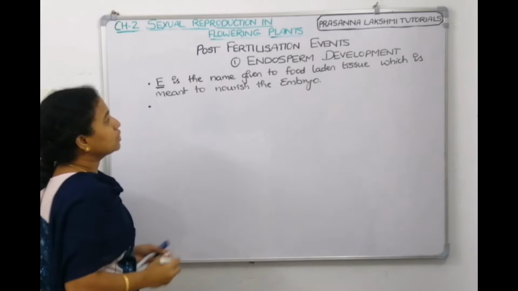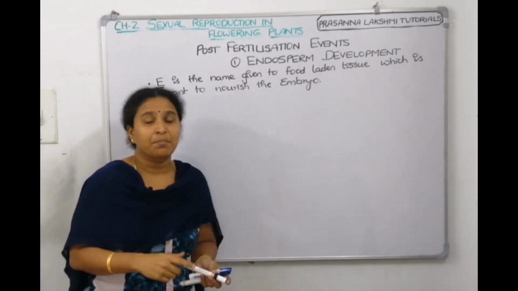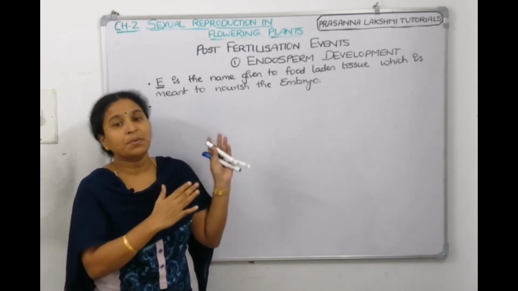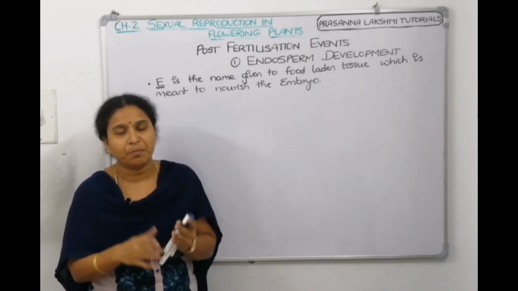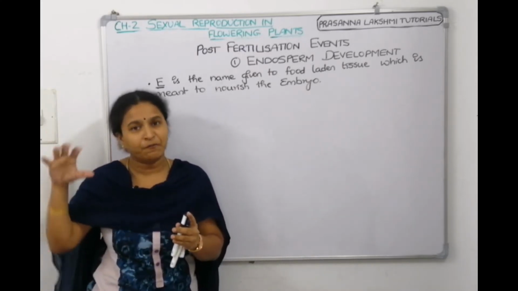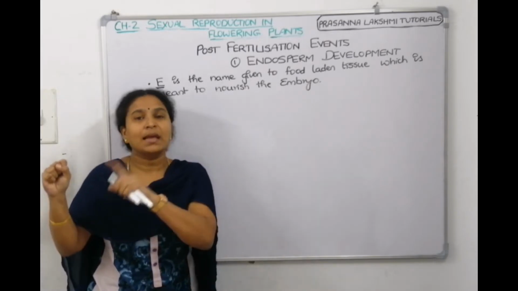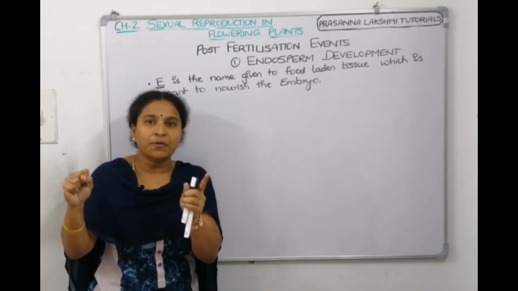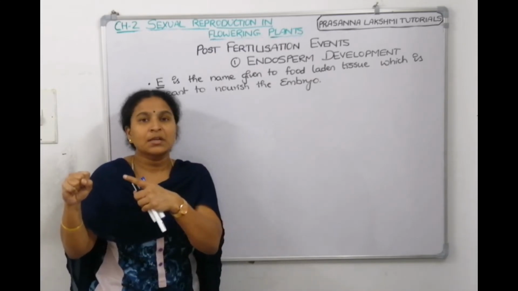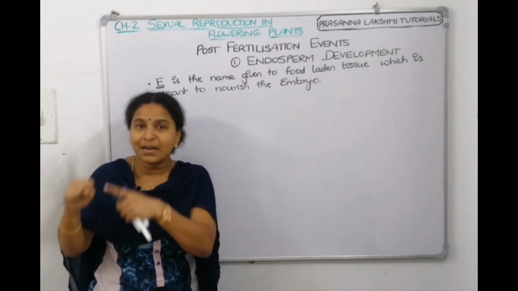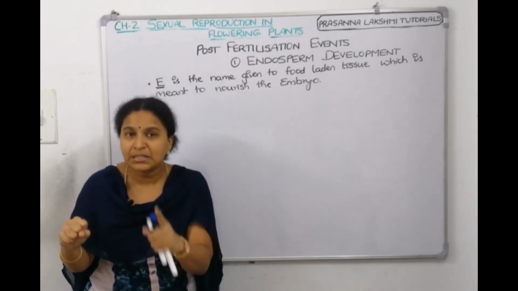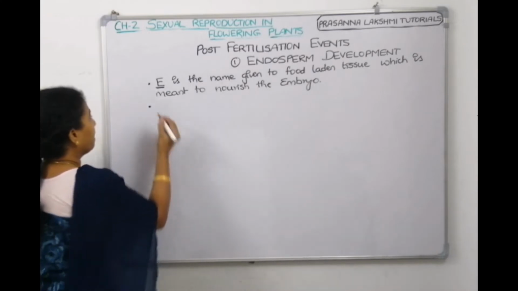That is why endosperm development precedes the embryo development. Endosperm development will happen first. After that only the embryo will develop, because when the embryo is developing, it needs food. Who will provide food? Endosperm. That means endosperm should already be there.